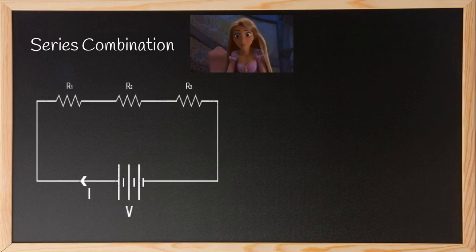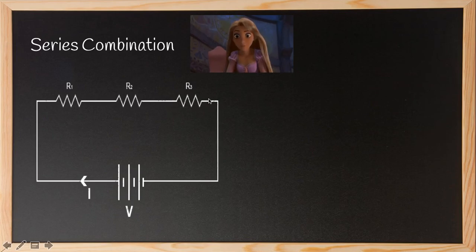If you look at this electric circuit diagram, you can observe that there are three resistors, R1, R2 and R3. All are connected end to end. The end of R1 is connected to the starting point of R2. The end of R2 is connected to the starting point of R3.